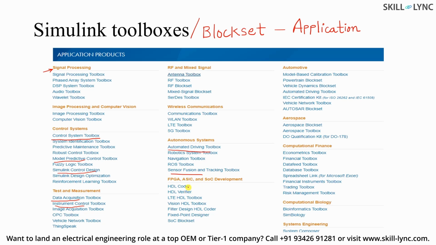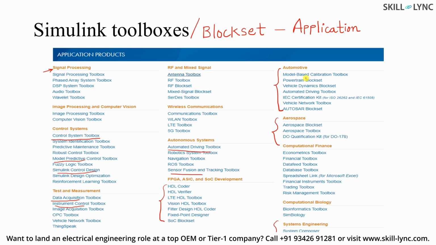And here you have toolboxes related to hardware, such as the hardware description language coder, HDL verifier, or system on chip block set. Now in the automotive application, these are the toolboxes which are added. This is automotive, this is aerospace, and here you have something for system engineering.